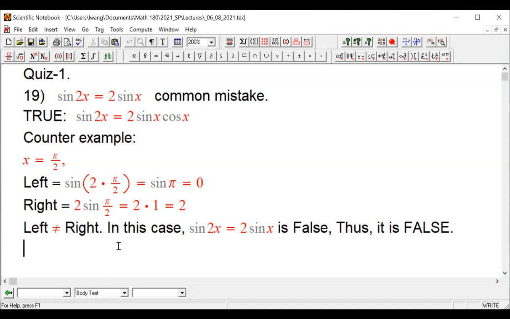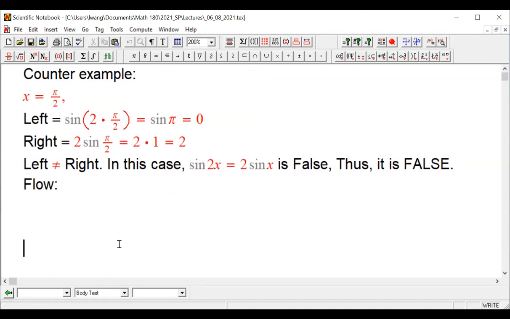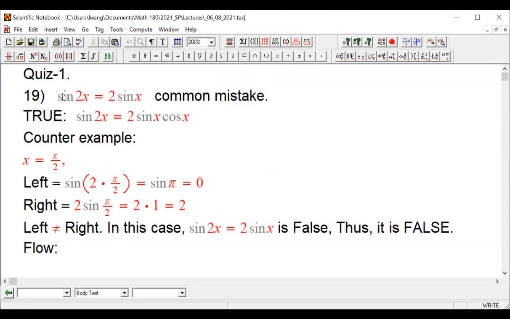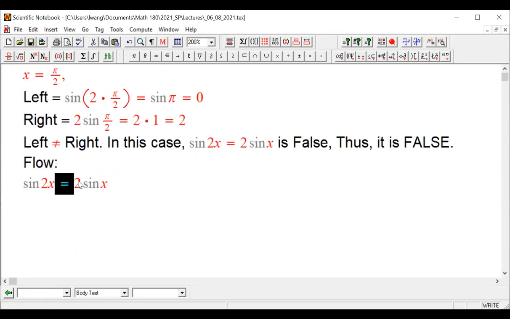The other perspective is the flow. Look at the flow. You must understand the flow. If you're in a STEM major and you use some math in your programming, you have to understand the flow.